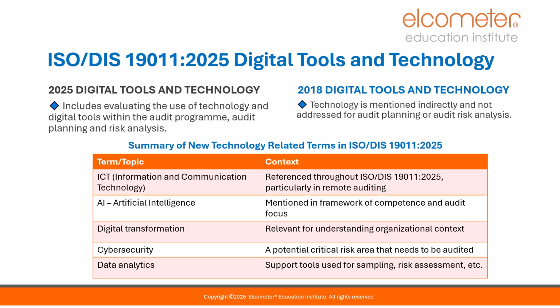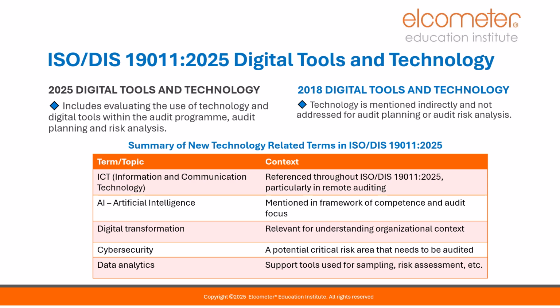Cybersecurity and data integrity. The 2025 version notes the importance of auditing for data integrity, data sources, and access control. Auditors are to be able to assess cybersecurity controls as part of the management system.